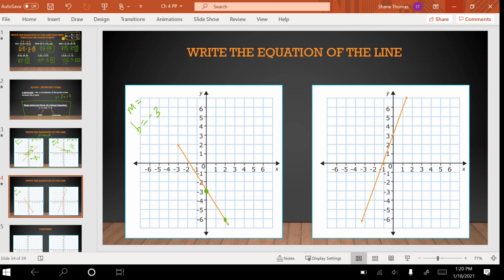So I had to go down 1, 2, 3. So that's -3 plus 2. My slope, rise over run, is -3 over 2. So my slope is -3/2. Y equals -3/2 x minus 3 will be my line.